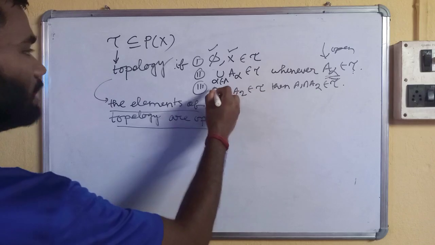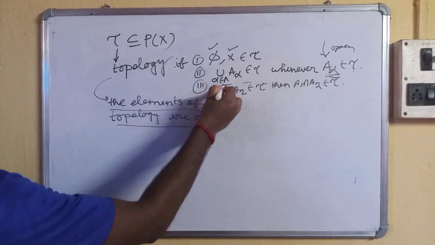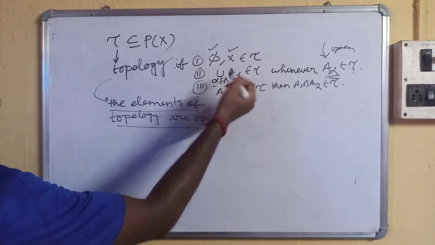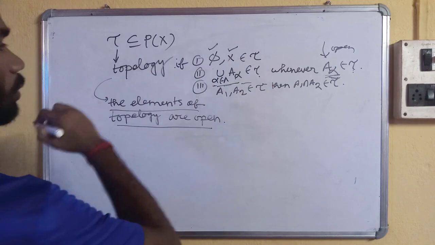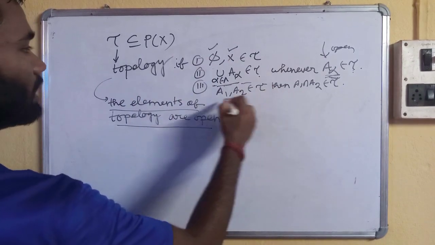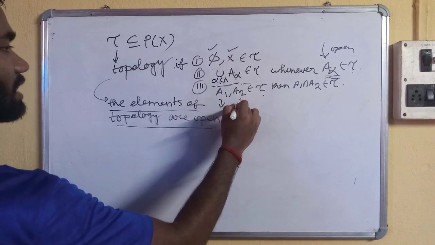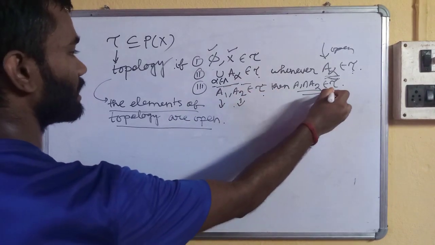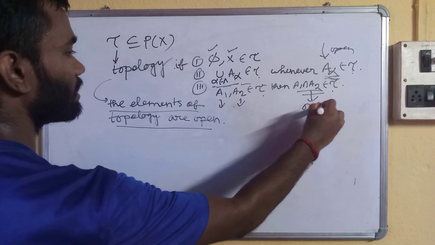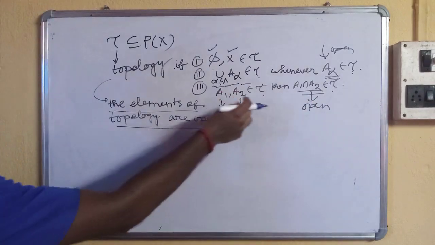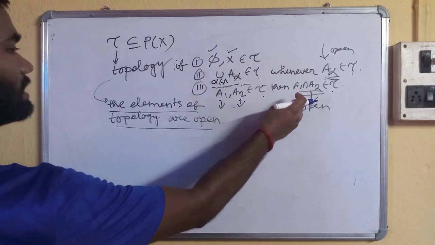Therefore, any arbitrary union of open sets is open because it is in tau. And number 3, A1 and A2 are from tau, that is, these two are open sets and their intersection is in tau, that is, it is also open. So, finite intersection of open sets is open.